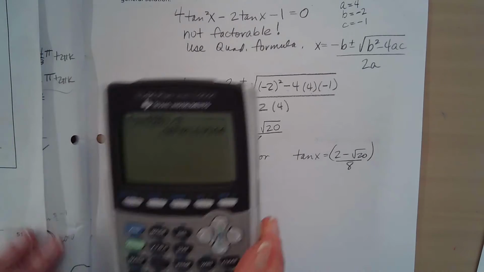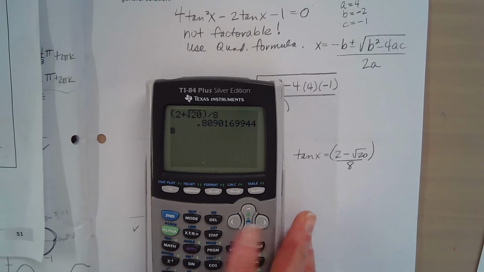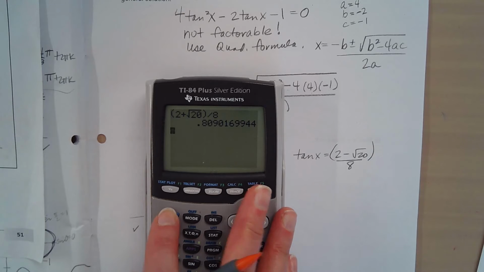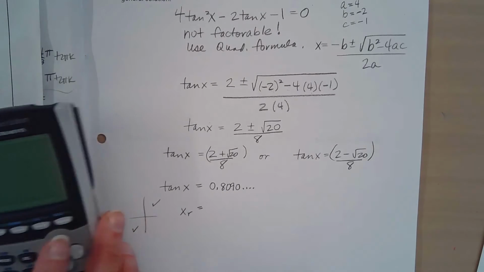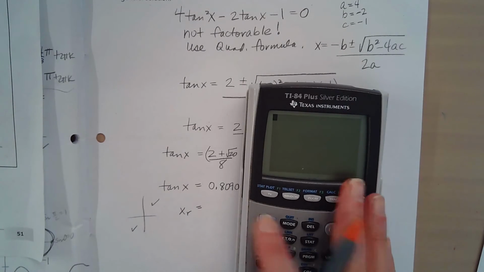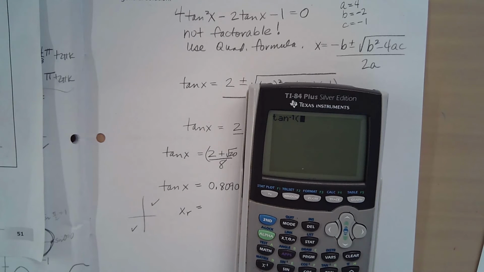Okay. I leave this all in my calculator, and on my calculator I can just go shift tan and hit the equal sign. Whoops, I guess not. I thought I could. Sorry. Second tan. 2 plus root 20, close bracket, divided by 8.